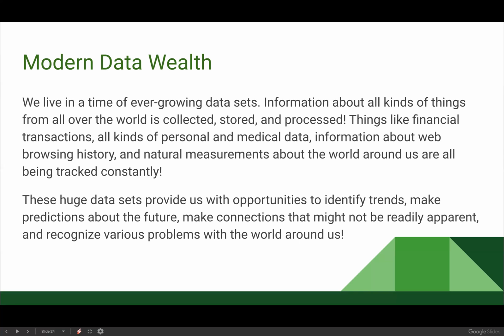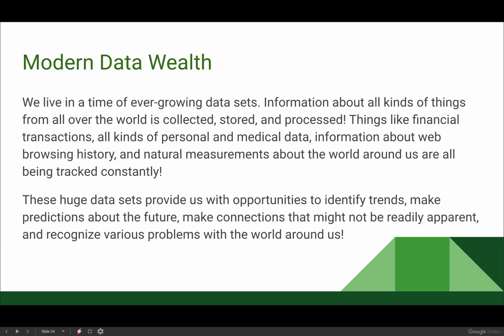Information like financial transactions, all kinds of personal and medical data, information about people's web browsing history, and just natural measurements about the world around us, how many clouds there are, what the humidity is around us. All these kinds of things are being tracked constantly, whether we know about it or not.